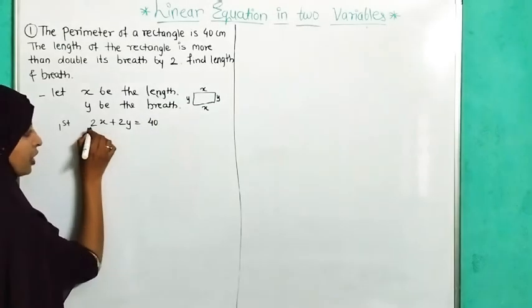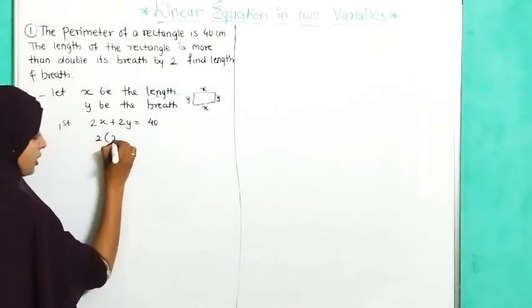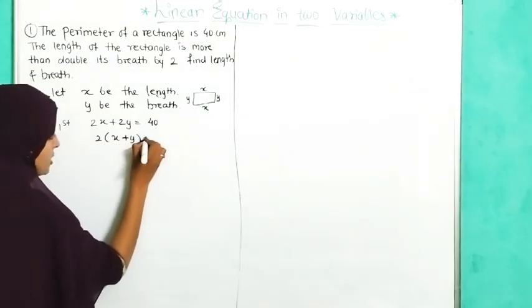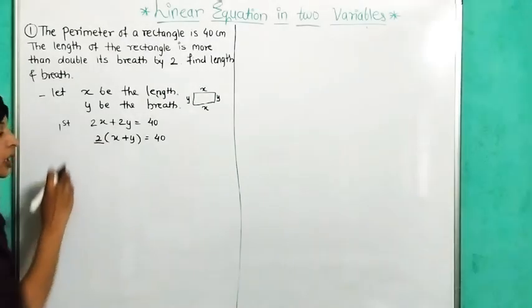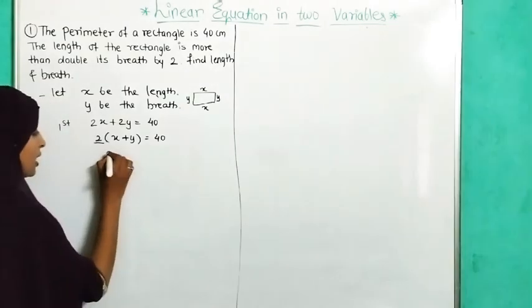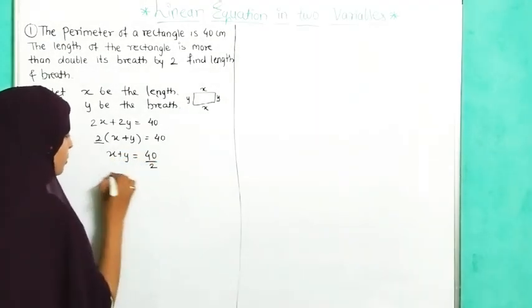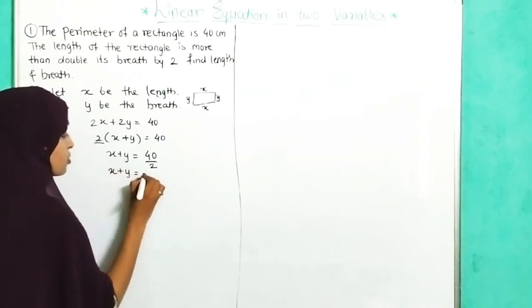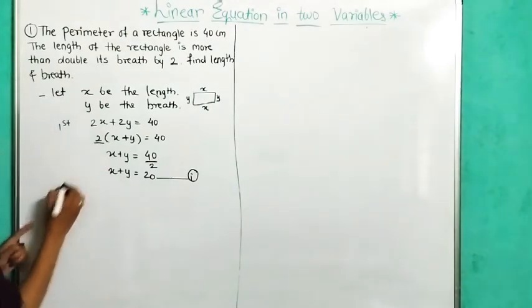If we take 2 common, x plus y is equal to 40 divided by 2, that means x plus y is equal to 20. This is equation number 1.